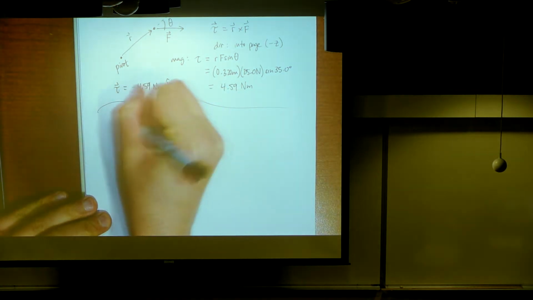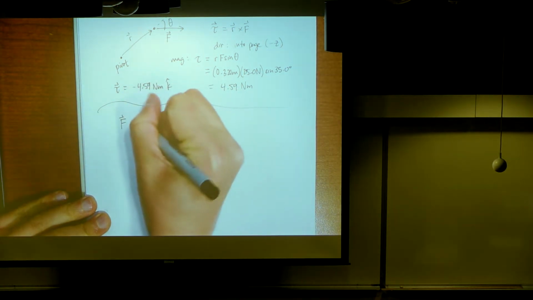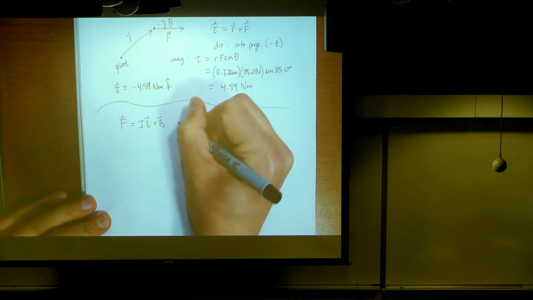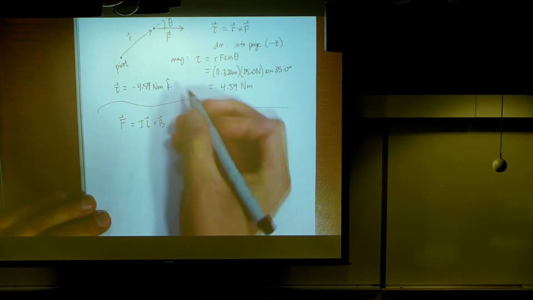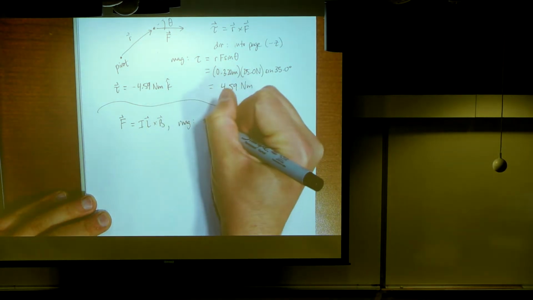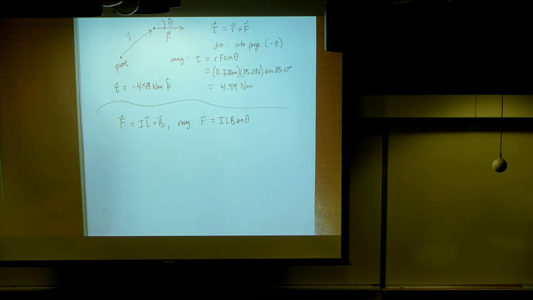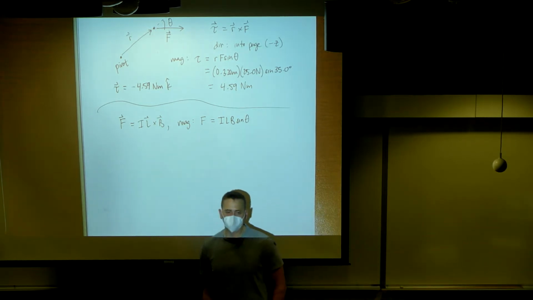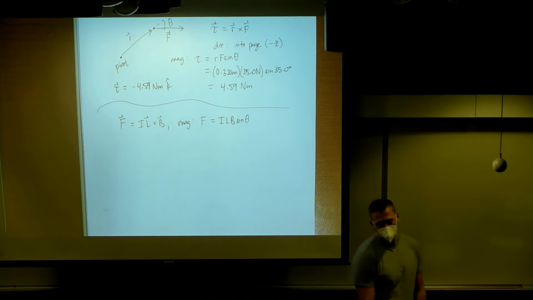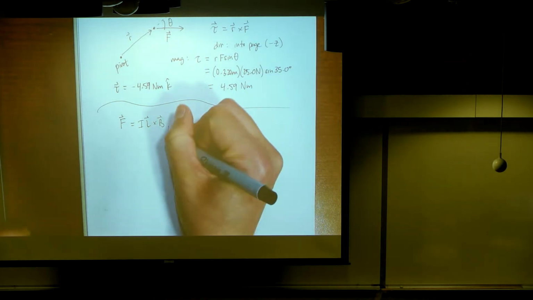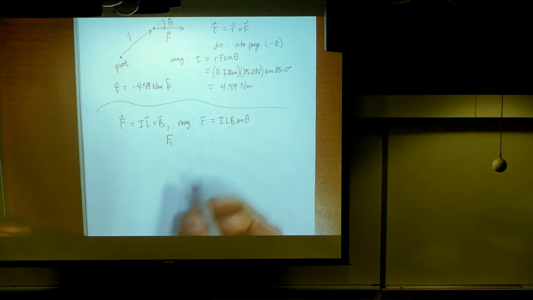So if force is equal to IL cross B, there's a cross product there, so we know the magnitude of this force is given by ILB sine theta, where theta, in this case, represents the angle between the B field and the direction our current is flowing. Okay? So in this first example, we're trying to find F1.